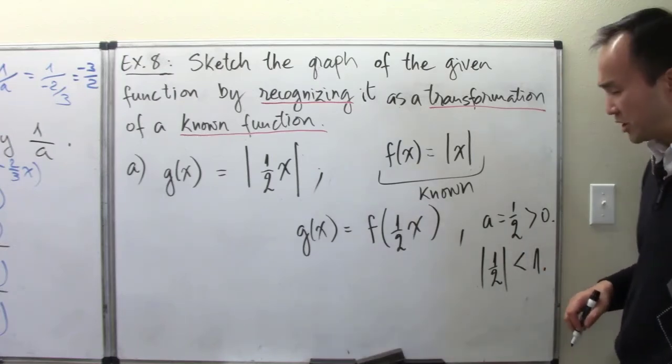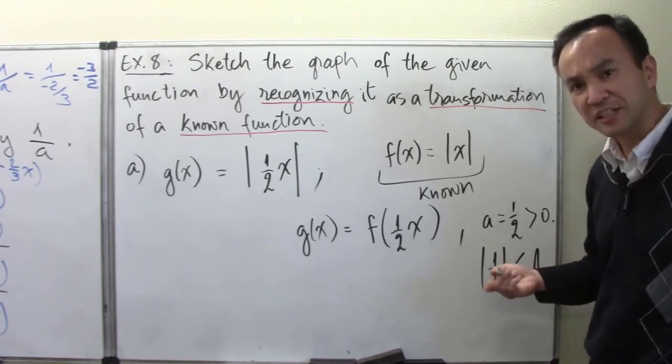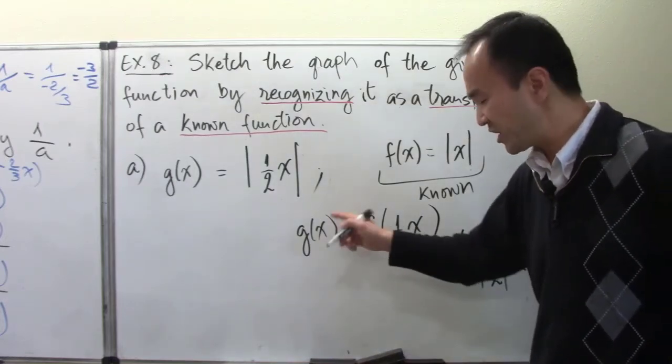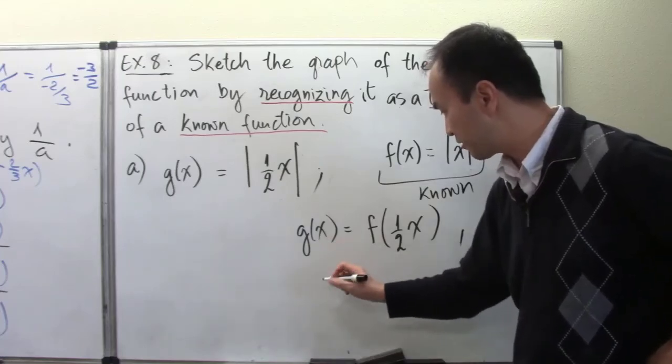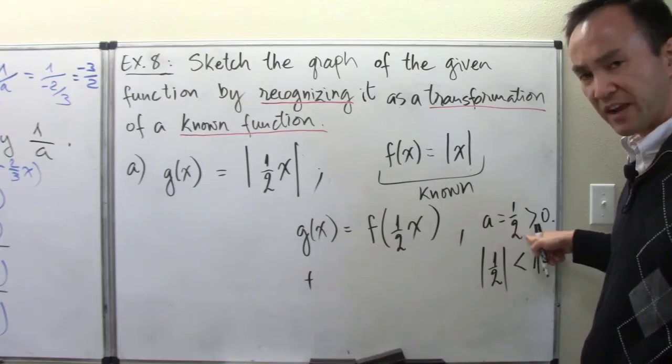So that means we can draw out a couple of expected features of g of x already. We can draw out a couple of expectations about the graph of g of x. First of all, it's a positive a, so no flip.